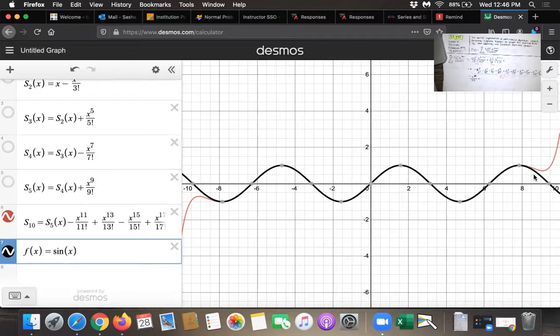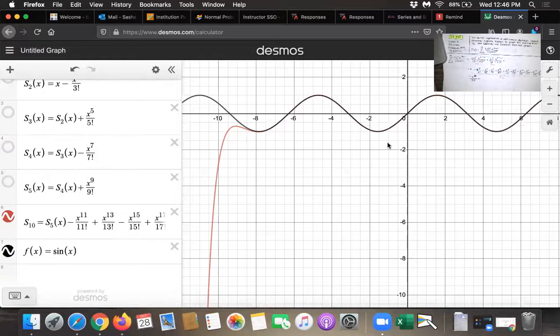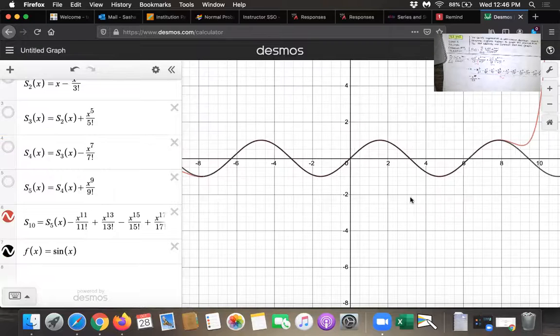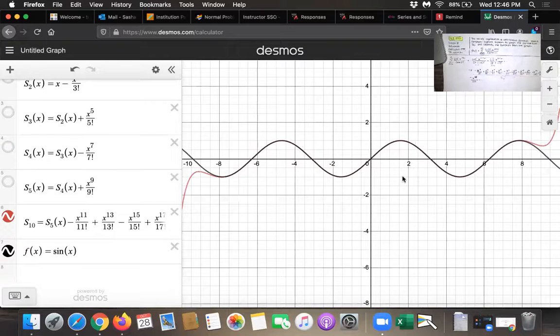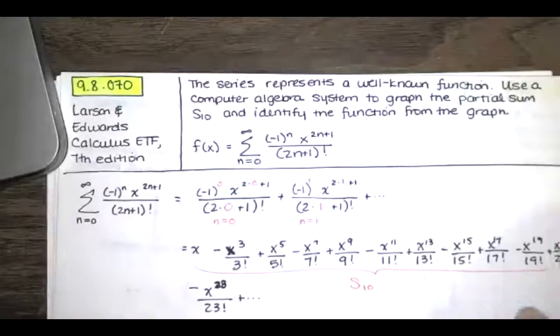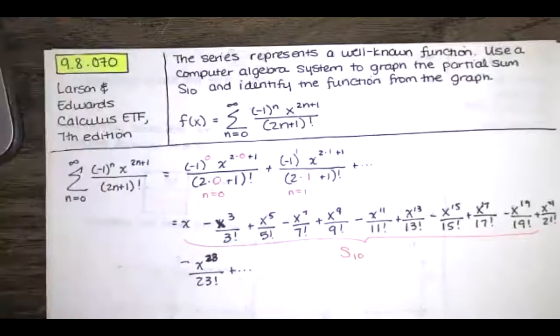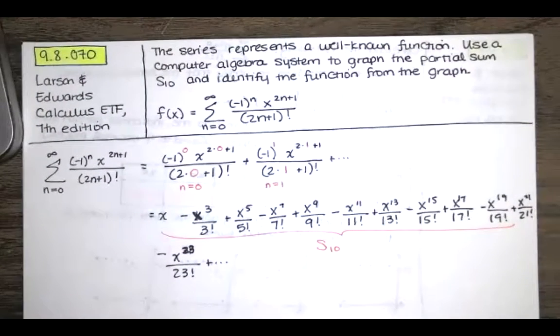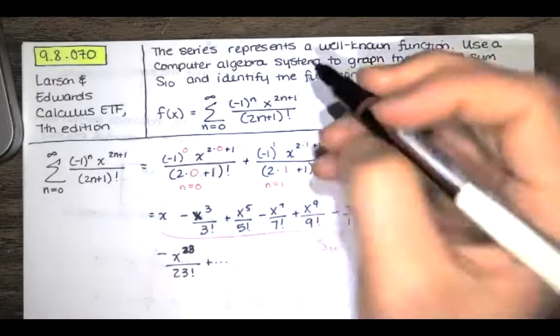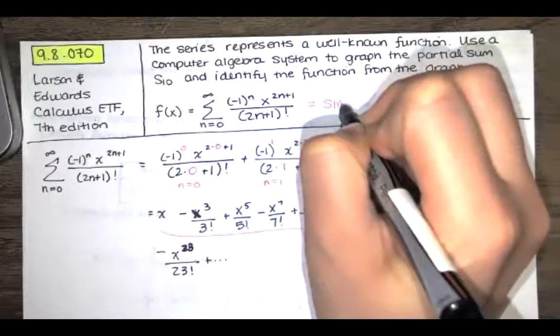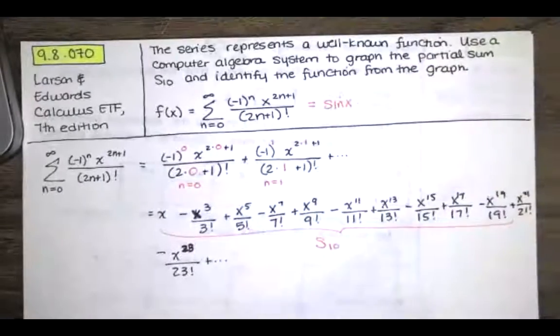And then just beyond 8, or just beyond negative 8, the 21st degree polynomial starts to deviate from that sine function quite a bit. So yeah, that's all you do. The question asked us to identify the function from the graph. When we look at that, we saw that it looked like a sine function. And I would just use a program like Desmos.com to prove to yourself that that is what it's equal to.